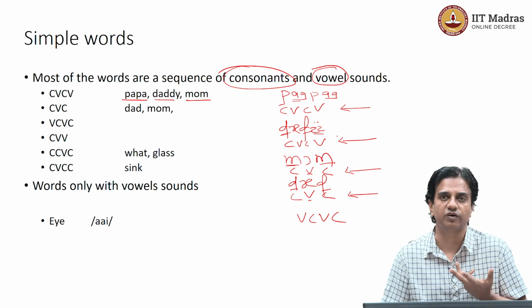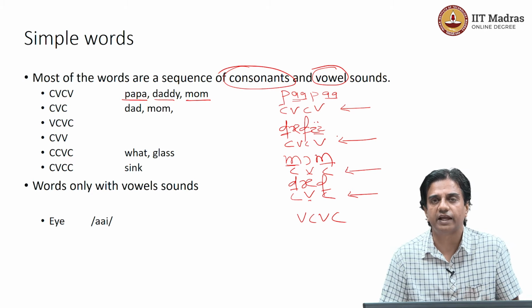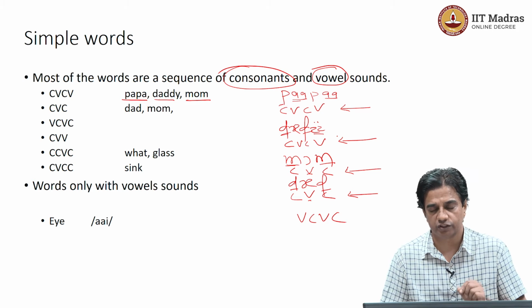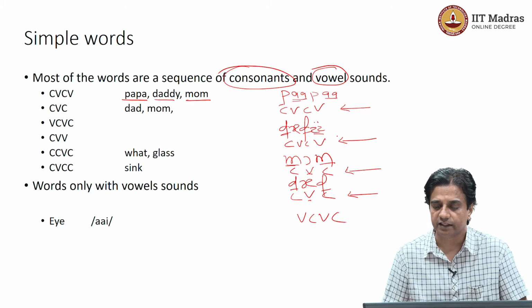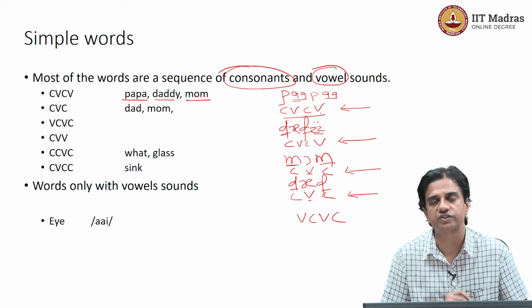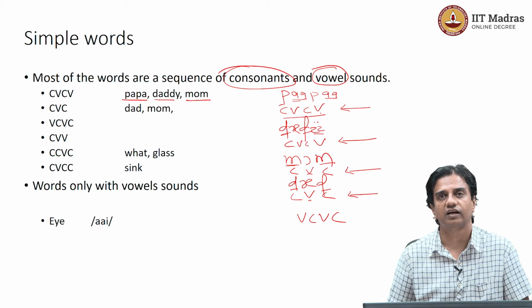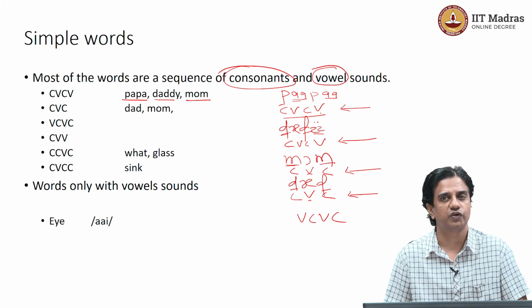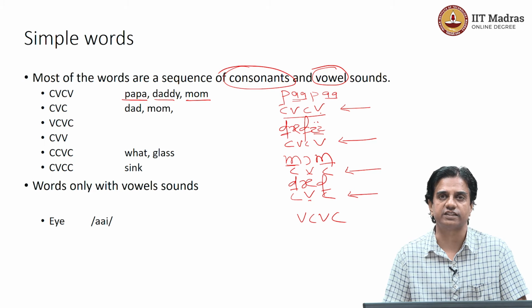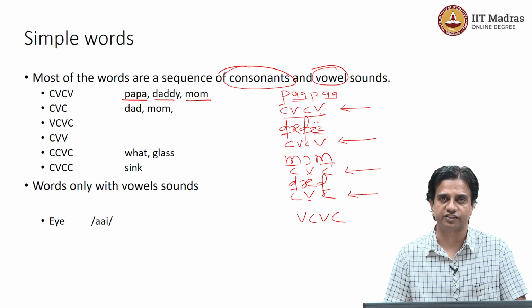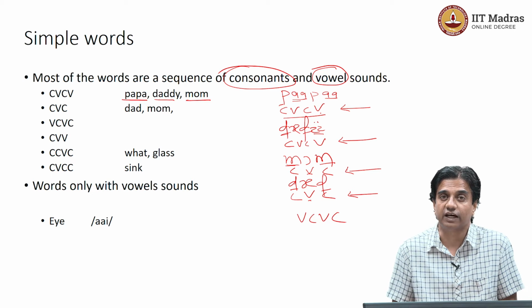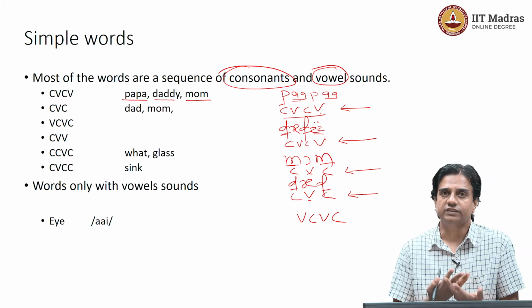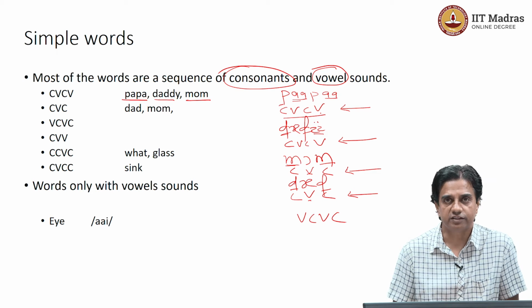You can pick any word that comes to your mind. Write them down on a piece of paper in your notebook, and then try to write the sequence of sounds in your words and observe how many types of sequences you see in terms of consonant and vowel alternations. Also, see if there is a word which comes without a vowel sound. The answer is you will not find one, but just try for that.